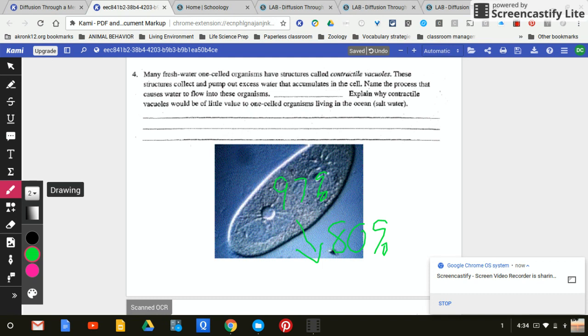Why don't these organisms need that contractile vacuole? So to answer this, you're going to say contractile vacuoles would be of little value to one-celled organisms living in the ocean because, and then please explain how water is going to move and why they don't need that little pump anymore.